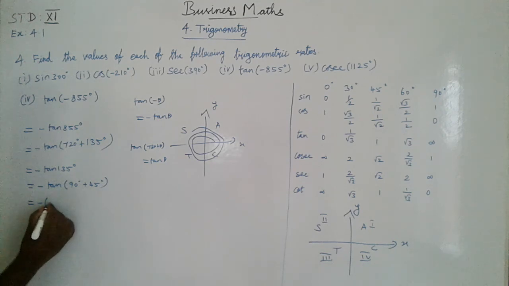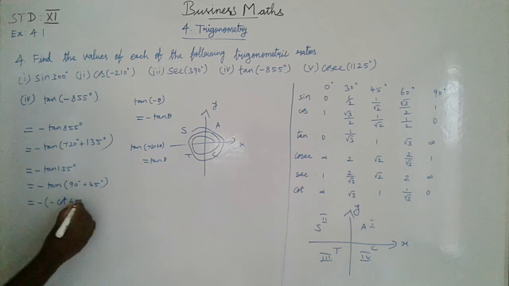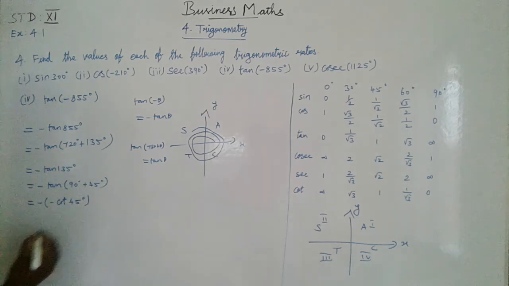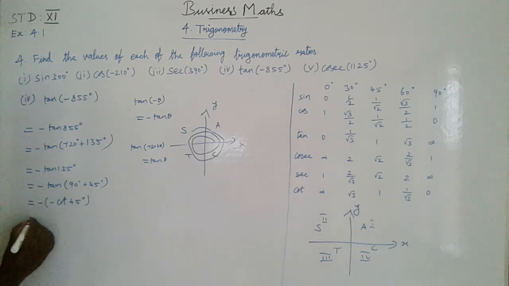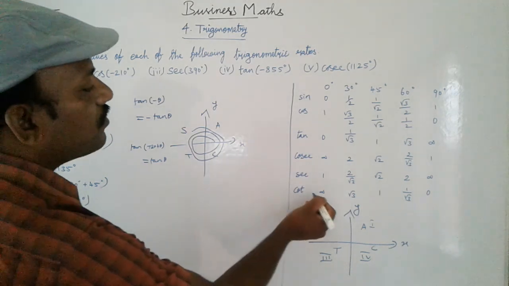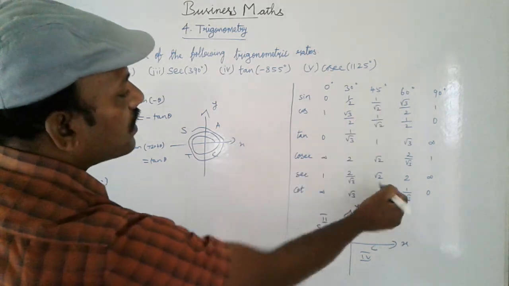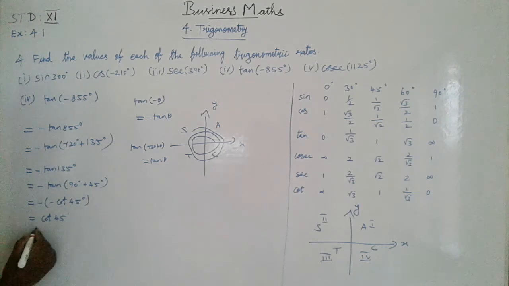So minus cot 45 degrees. Minus into minus is plus cot 45 degrees. Cot 45 is 1, so the value is 1. That's all.